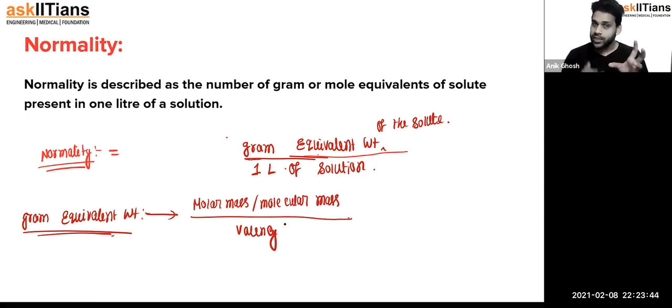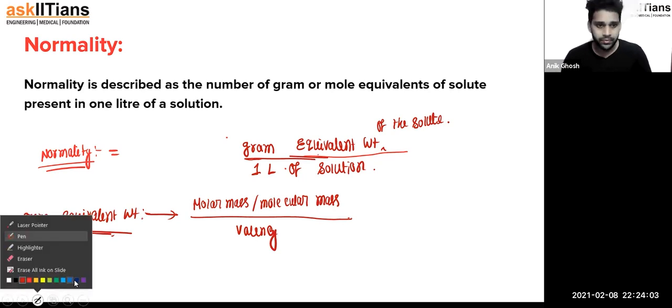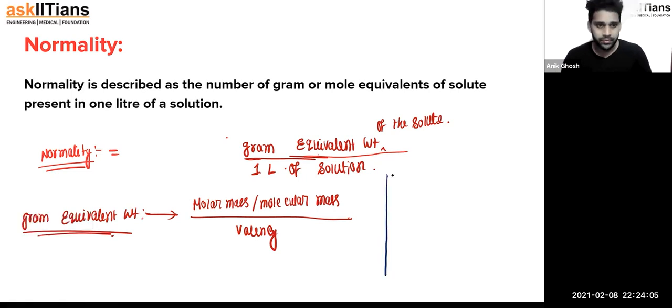There's a trick through which you can find that. Whatever question is given to you, if you want to find the equivalent weight of a particular substance, you write the molecular mass or the molar mass of that substance divided by the valency of that substance. Let's take some examples.